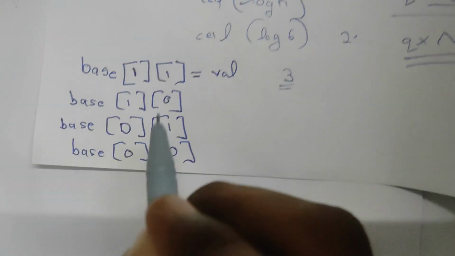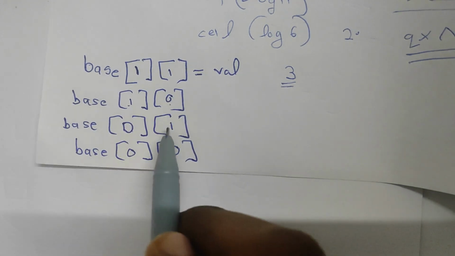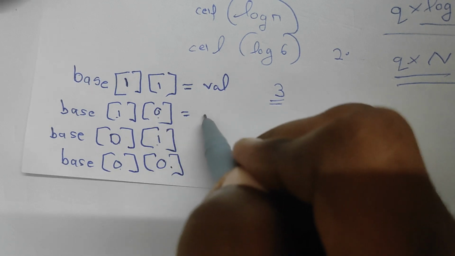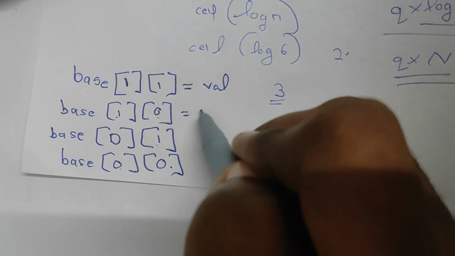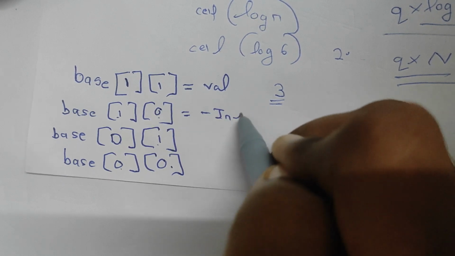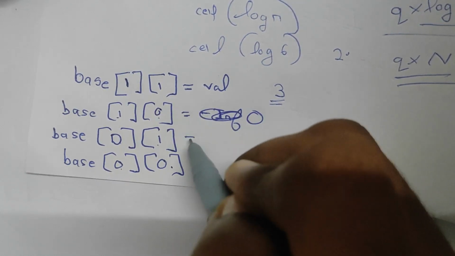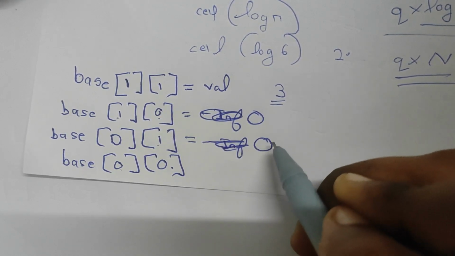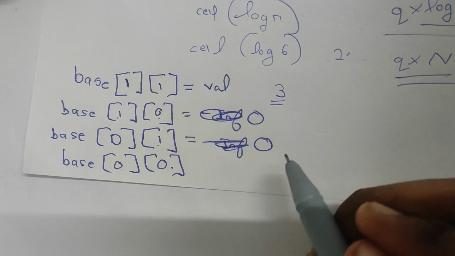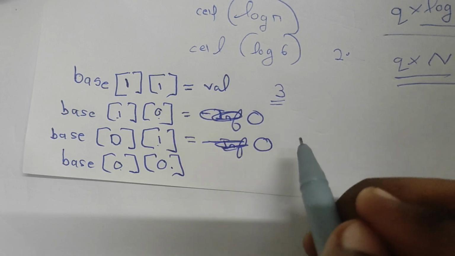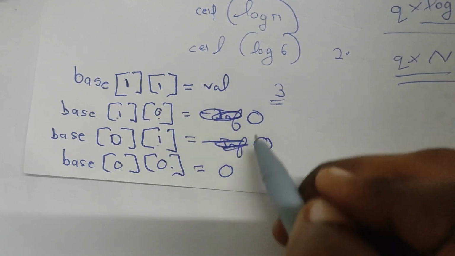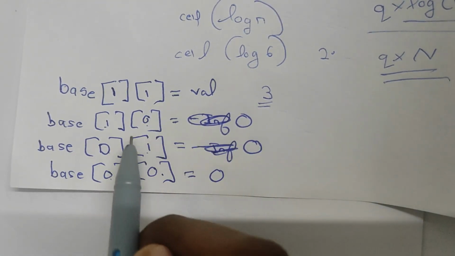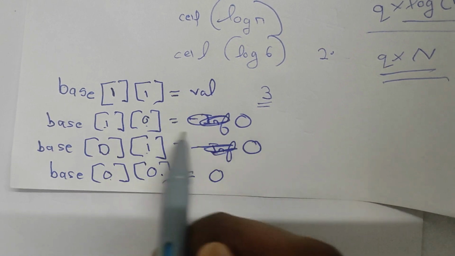But for base 1 0, 0 1 and 0 0, we equate this as a very small value, like negative infinity, or we can leave it as 0 itself. Either we can put negative infinity or we can put 0, because when we put 0, it's like we are not choosing this value, right? We are not considering this value, so we can leave it as 0, so its effect is not affected. So for these three conditions, why are we putting 0 for 1 0?